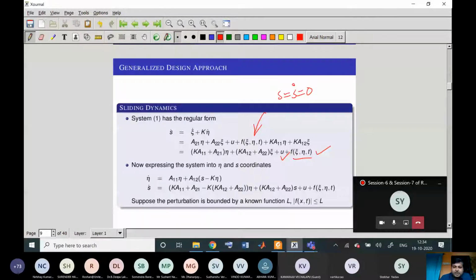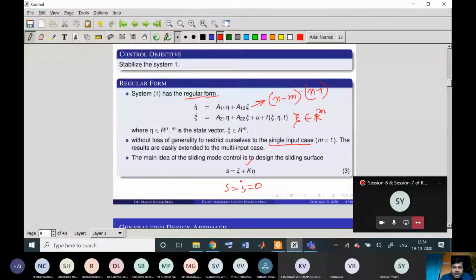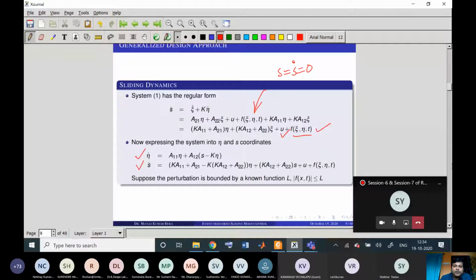Previously, the eta dynamics was A11 eta plus A12 zeta, and from this expression we can find zeta equal to S minus K times eta. We have substituted that, and then represented the dynamics in the coordinates of eta and S.